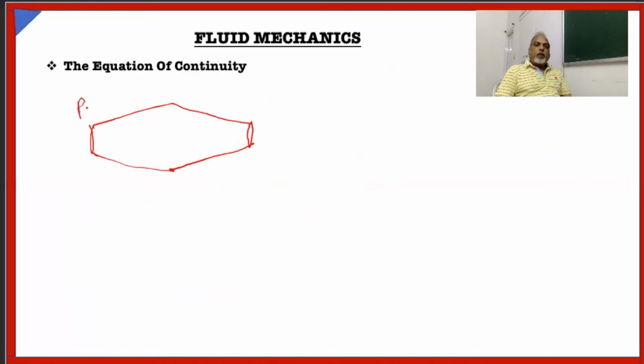This is point P, this is point Q, and this is point R. These are the streamlines going in this tube. Suppose in delta T time, what will be the mass flow inside?